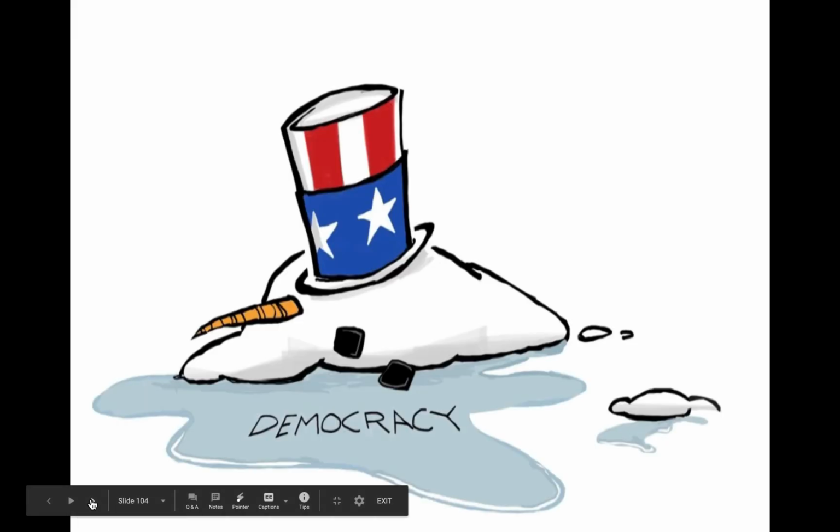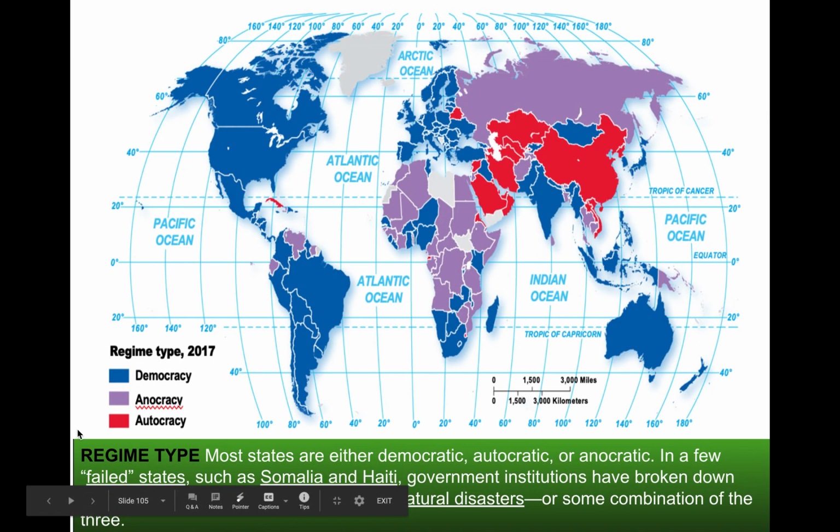All right, is democracy dying? Not according to your textbook. We can see regime types in the world. Look at democracies of 2017. We can also see where we see autocracies in the world, in Eastern Europe, or where, if we remember back to the religions unit, in this area of the world we have non-secular countries where they intertwine government and religion.